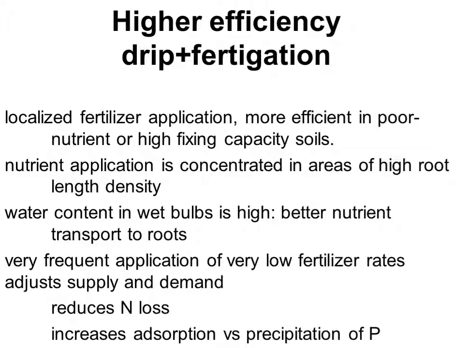The idea behind fertigation is that we will be improving the efficiency of the nutrient application, because if we localize the nutrients, we will have areas of the soil with a high nutrient concentration, so we will saturate the cation exchange capacity of the soil, so we will have a high nutrient level in the soil solution.